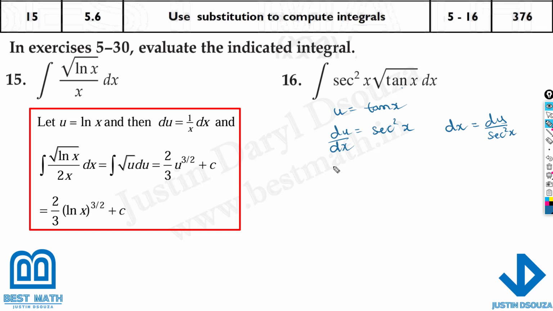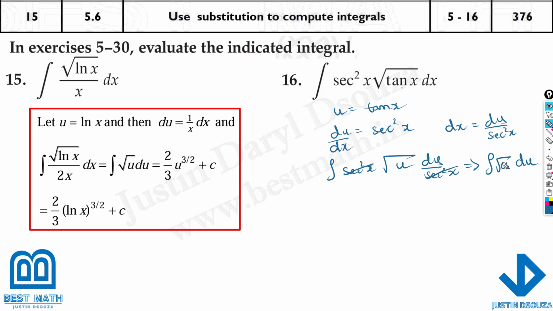We can just substitute in the given question. So the integral will be secant squared x square root u, dx is du by secant squared x. This and this cancel out and you're only left with square root u du.